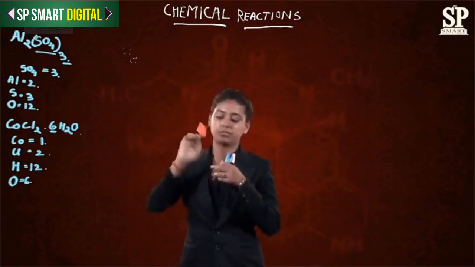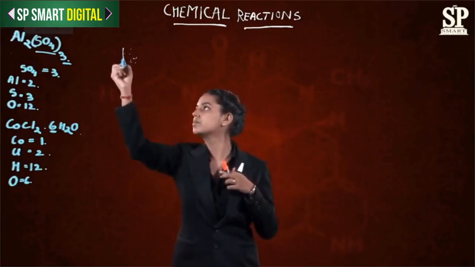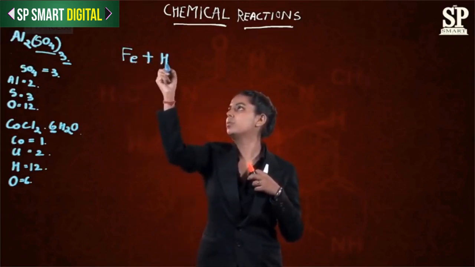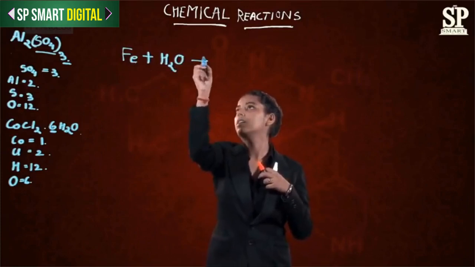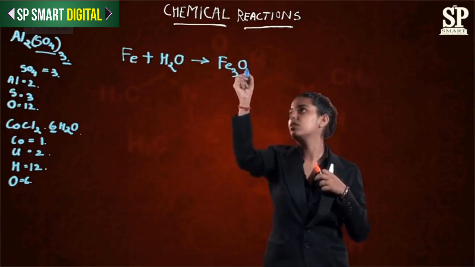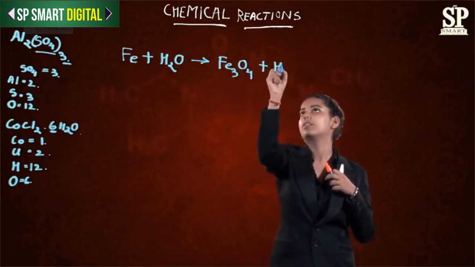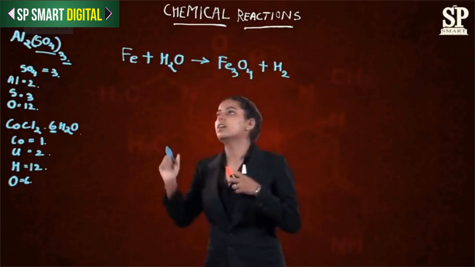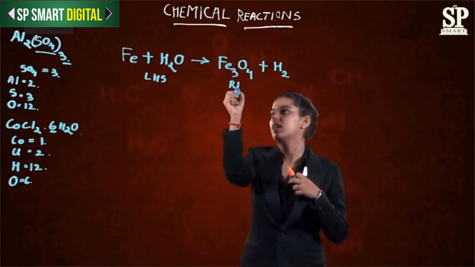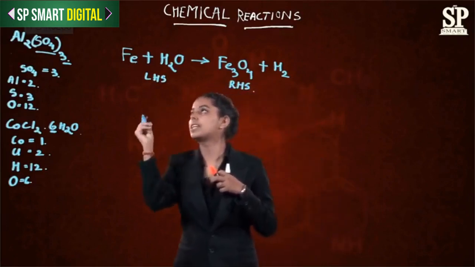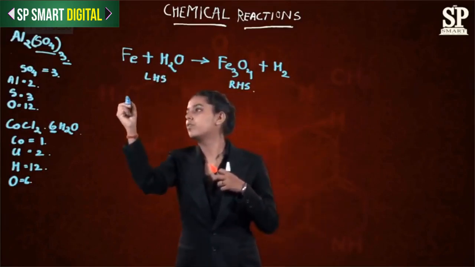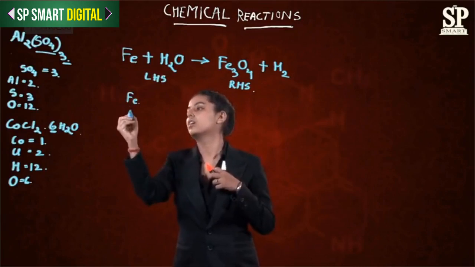Iron, when treated with water, gives iron oxide plus hydrogen. Now this is the LHS of the equation. This is the RHS.